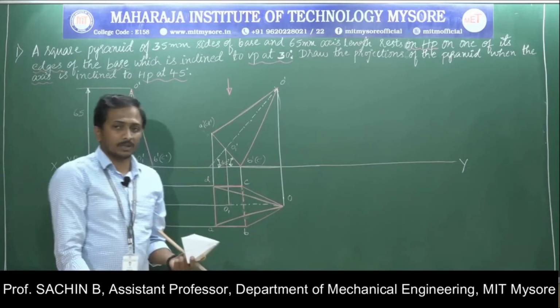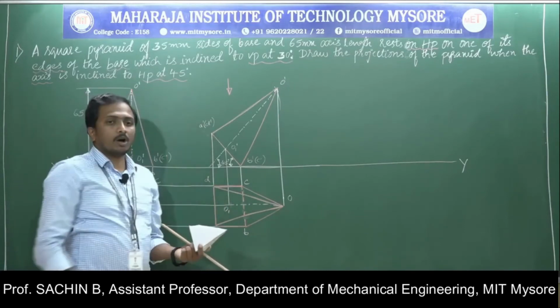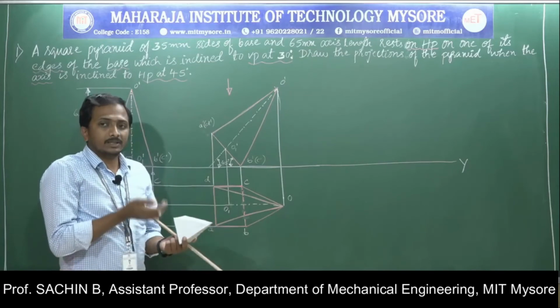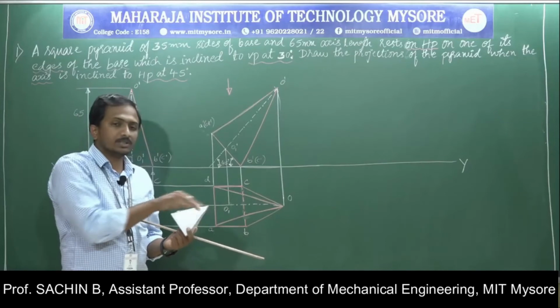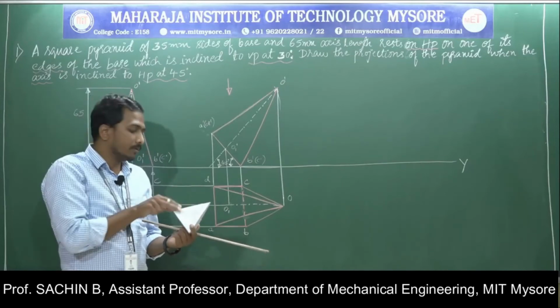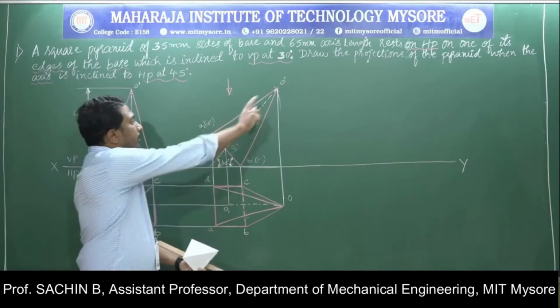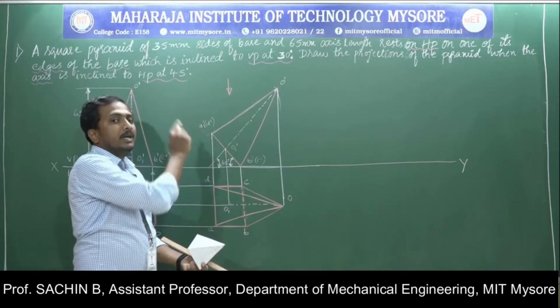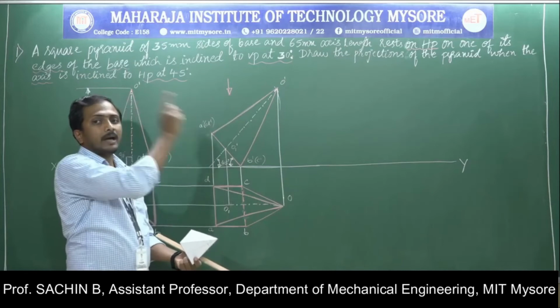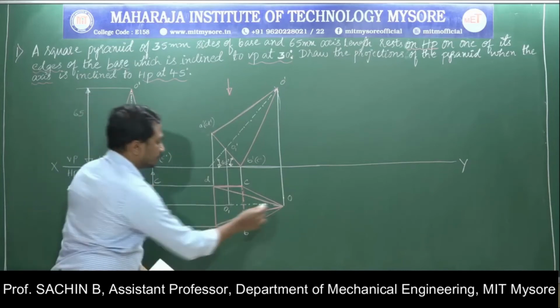The second concept is that from the top view, the faces and edges near to the observer are visible. If I look from the top view, this face is near to the observer. Based on that, O dash to A dash to D dash, again D dash to O dash, the triangular face is clearly visible for me.